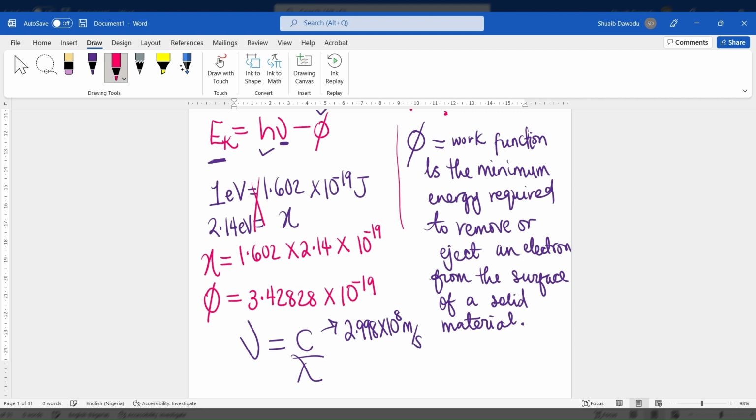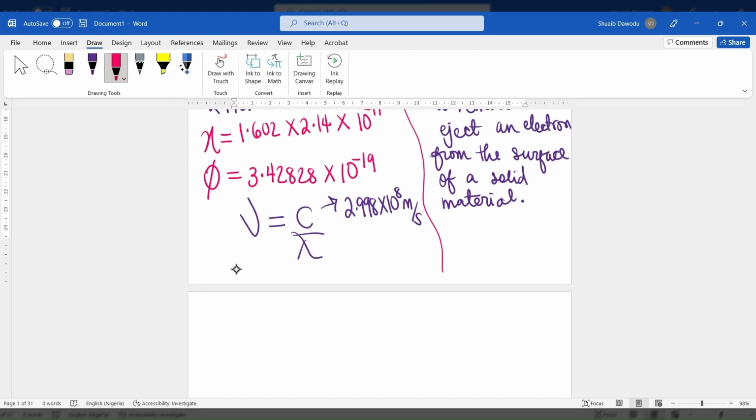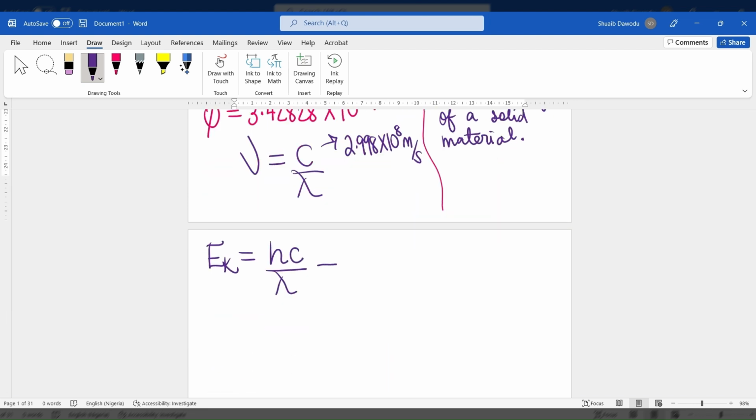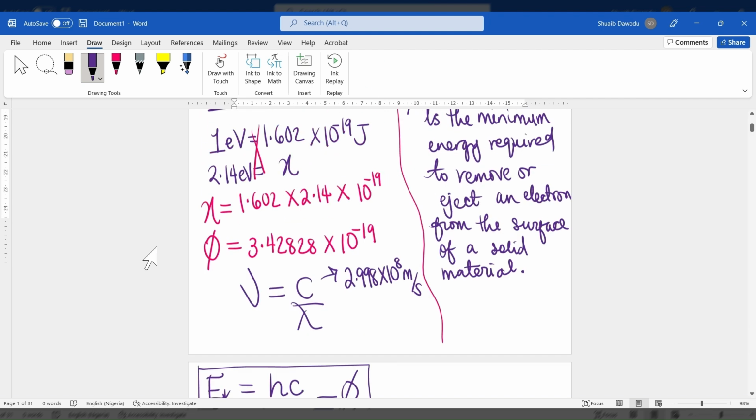So now we know what to substitute for ν. Our new value for EK, the kinetic energy, is simply hc divided by λ, because we're substituting ν with c divided by λ, minus the work function. This is it right here.